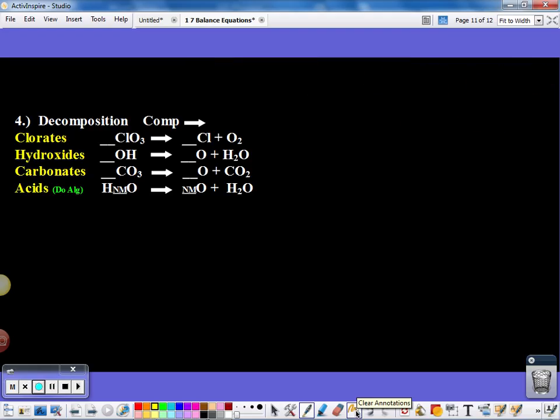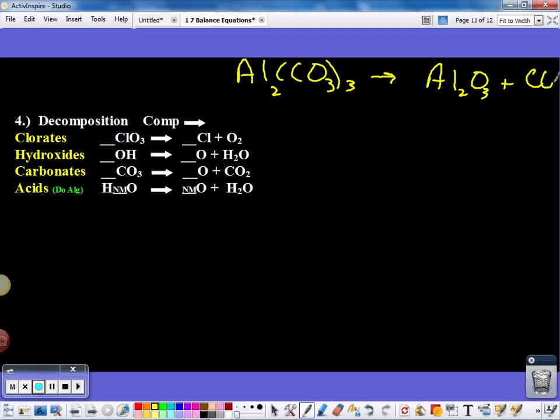All right, the next one is the carbonate. On this one, I can virtually see CO3 producing that CO2, to help me remember that CO3s produce the CO2s.